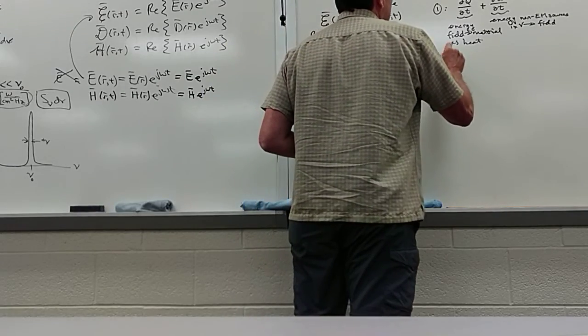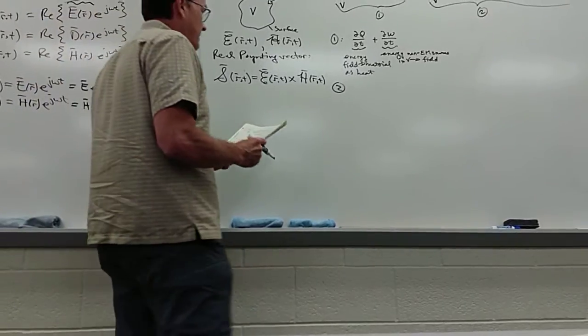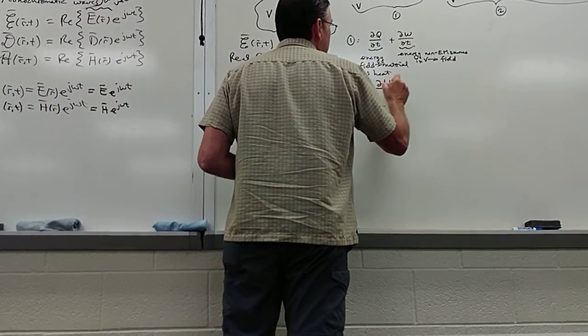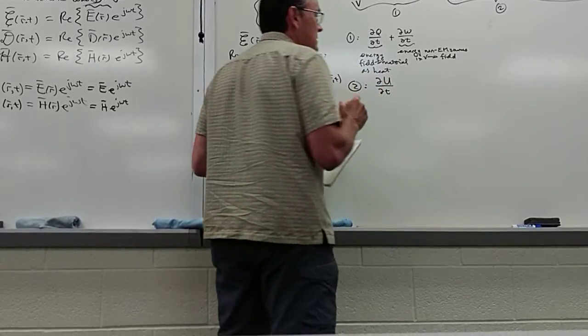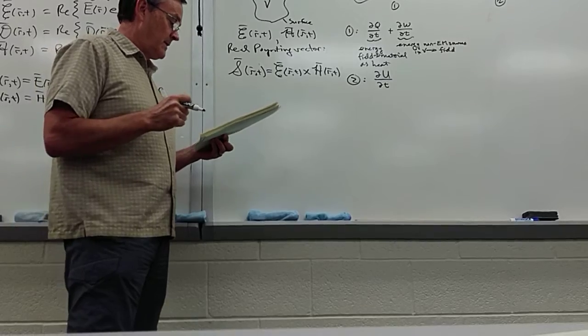Then, the second term is the partial derivative of capital U with respect to t, where capital U has nothing to do with the U on the left-hand board.